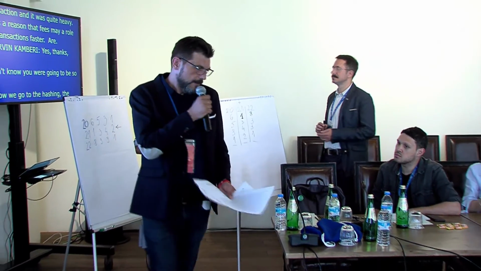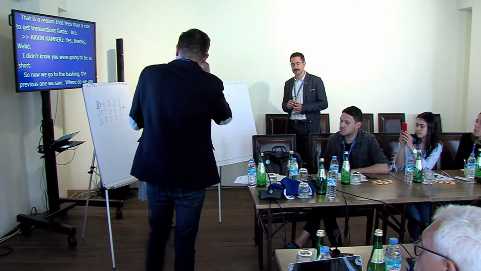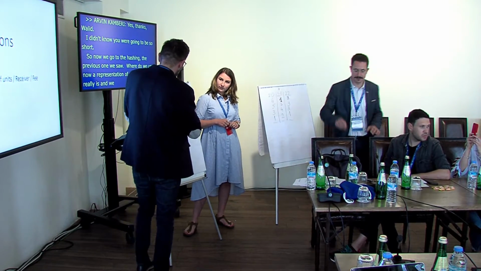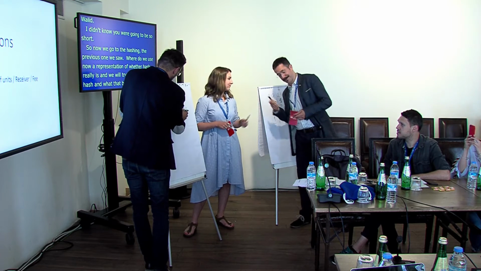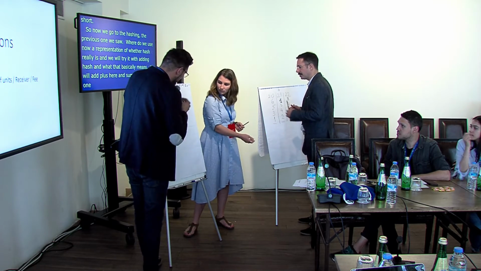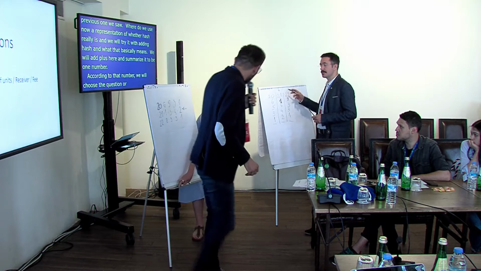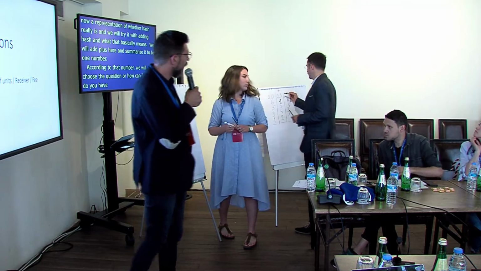And now we go to the hashing, the previous one we saw. We'll use now a representation of what the hash really is, and we will try with an adding hash. What that basically means is we will add plus here and summarize it to be one number. According to that number, we will choose the question. Do you guys have pens? Please sum it up and make a hash out of it.